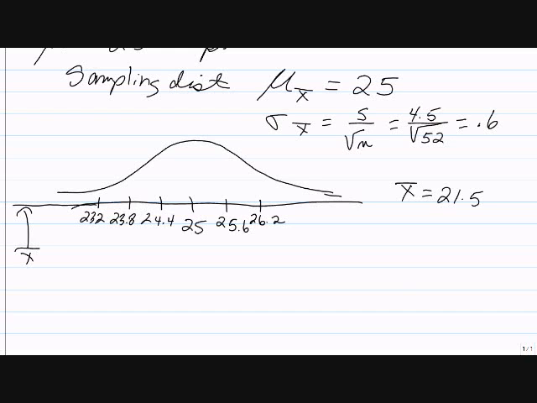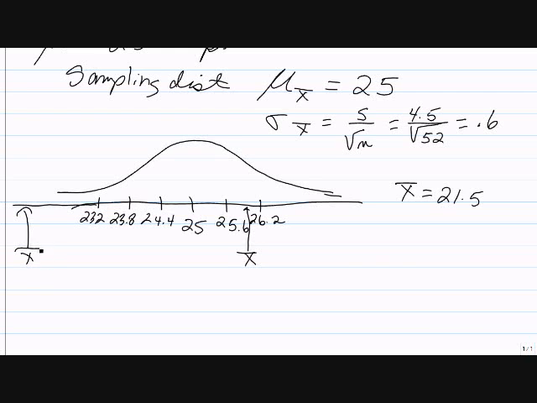If I had gotten a sample like we did last period, around 26, that's not but 1.5 standard deviations above the mean. That's pretty usual, so that doesn't give me evidence to refute their claim.